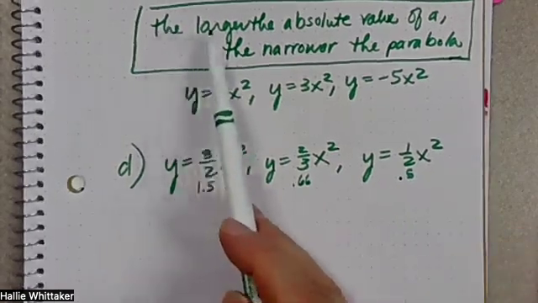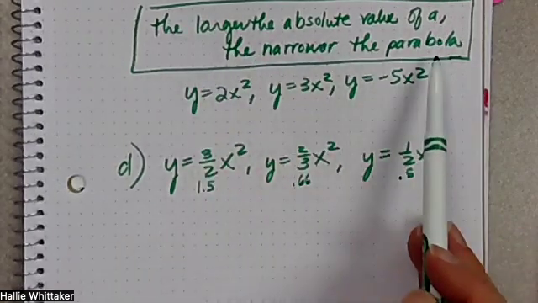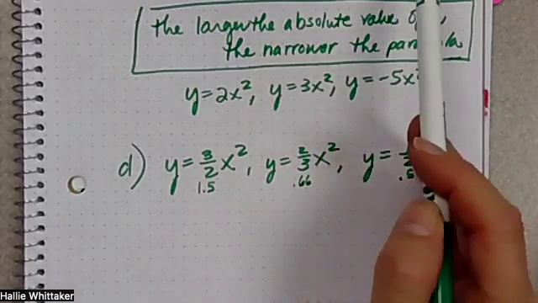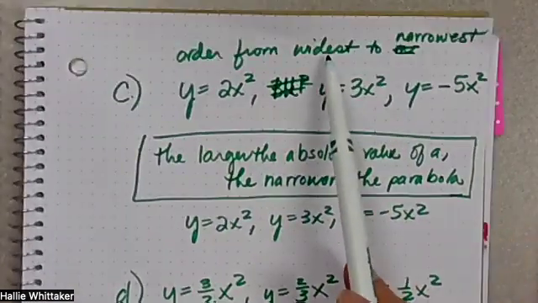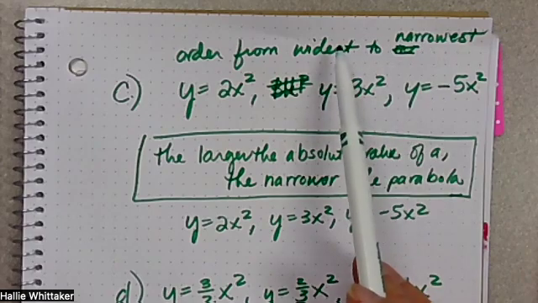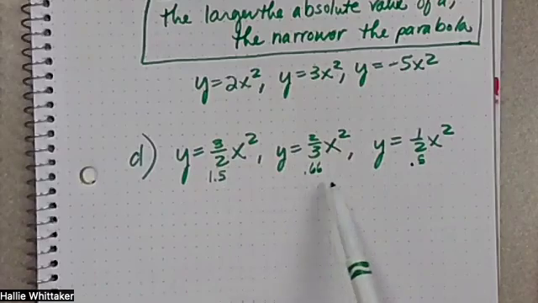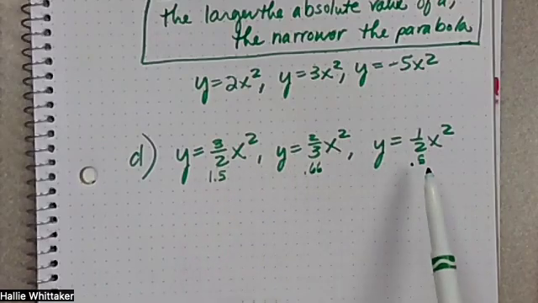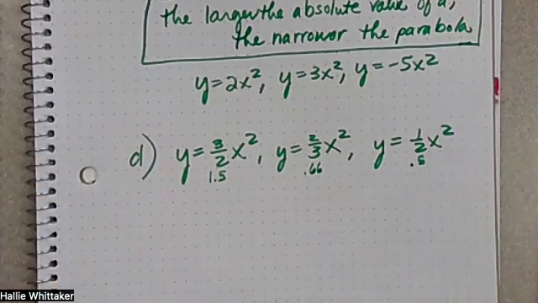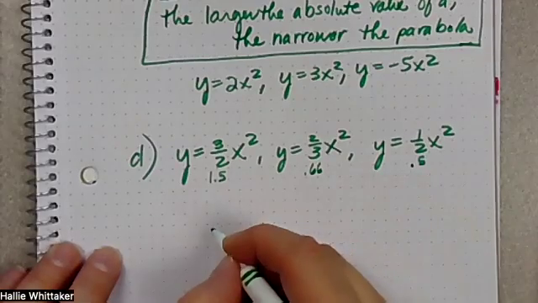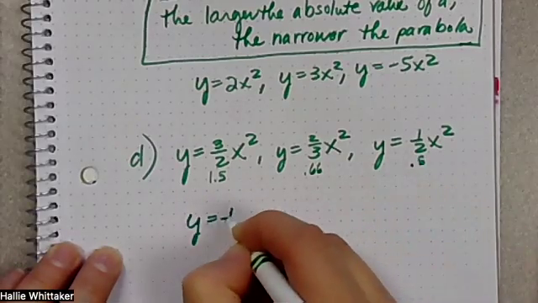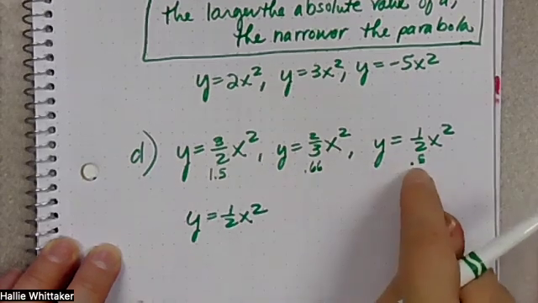So remember, the larger the absolute value, the more narrow it is. And we're going from widest to narrowest. So we need the smallest absolute value first for the widest. So 0.5, that's y equals 1/2 x squared, that's going to be your widest.